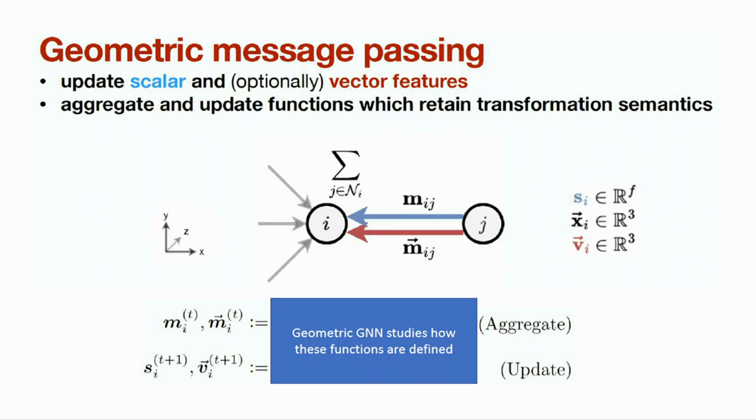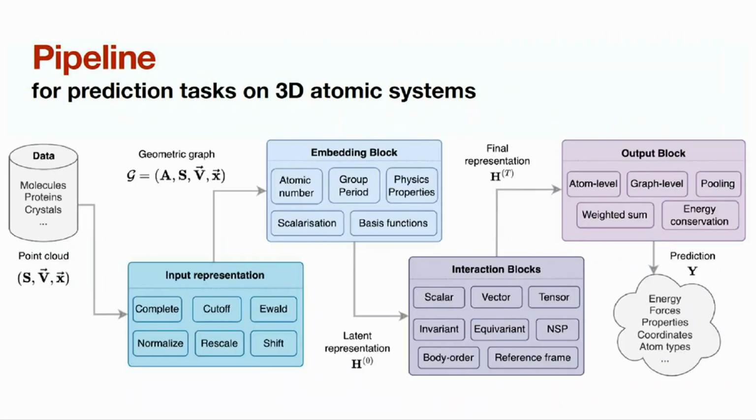So it's actually a non-trivial path, and a lot of effort has gone into how we process the data and how we come up with models for this type of data, right? So here is one example of a common pipeline that we will see when we use geometric deep learning in atomic systems and handle computational biology and computational chemistry problems.